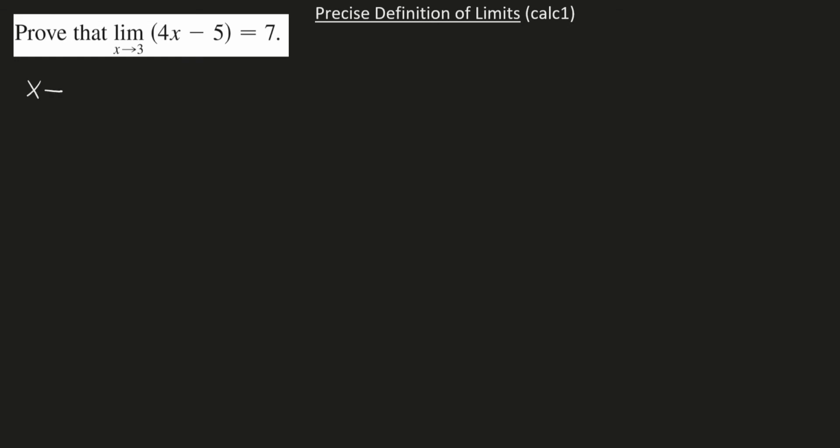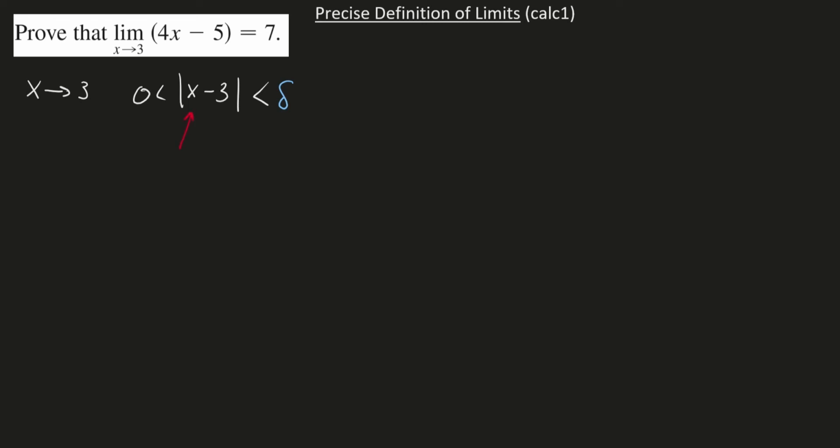How can we mathematically say that we're going to make x get closer and closer to 3? Well, the way we mathematically say that is that the quantity of x minus 3 will be getting smaller and smaller and smaller. So the way we frame that is with the Greek symbol delta right here.